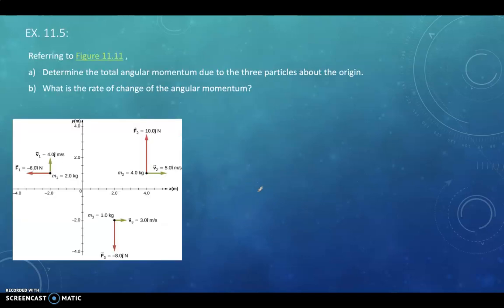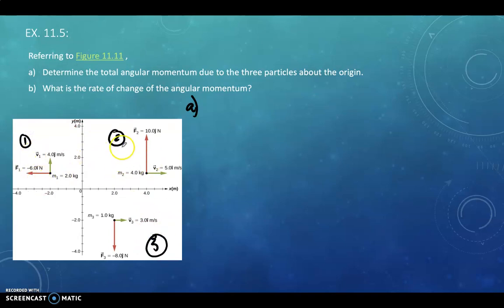So we can put this into an example here. Part A states: determine the total angular momentum due to the 3 particles about the origin. If we want to look at each of these individually, we will say this is 1, this is 2, and this is 3.